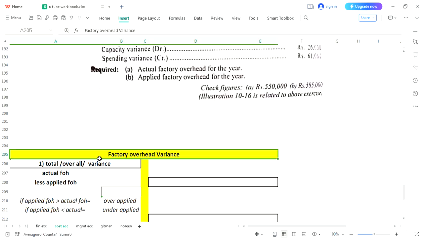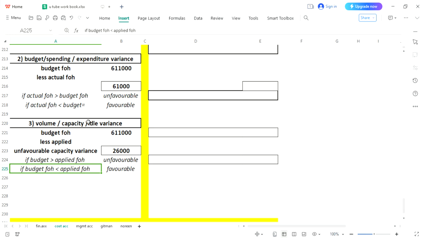Conclusion has been made. Although in all previous questions we do calculate capacity variance, and we do conclude according to our statement whether it is favorable or unfavorable. Right now 26,000 has been concluded unfavorable in the question. There is a very interesting thing. Now here is a question mark.